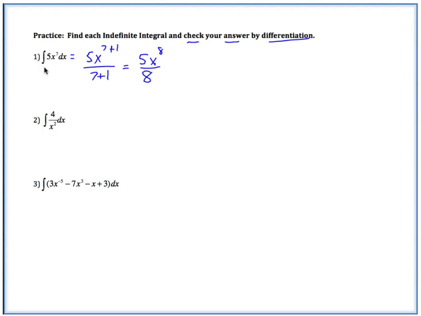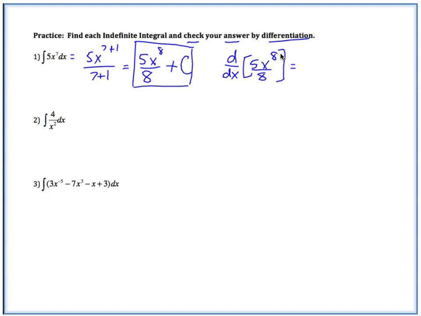Now, because this is just an antiderivative, notice this is just one possible answer. So we always have to make sure that we do our general form and put plus c. Now let's go ahead and check this by differentiation. So let's go ahead and find the derivative with respect to x of 5x to the 8th over 8.